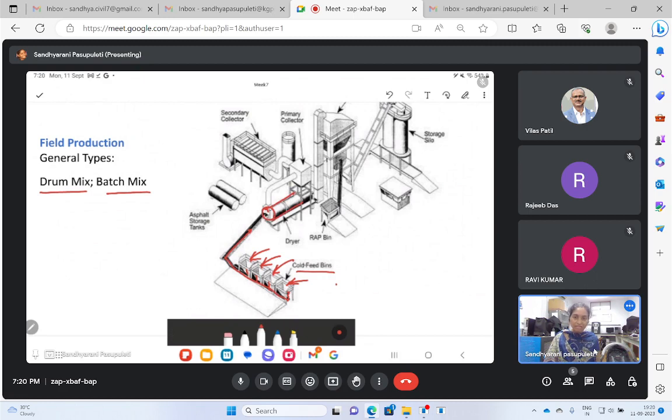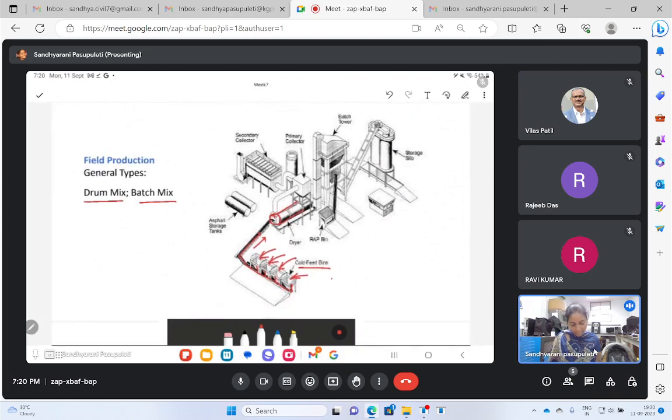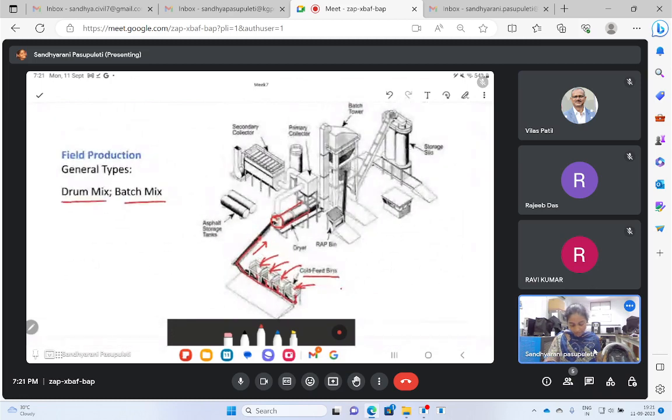What does this drum do? In the drum, whatever aggregates are coming from these bins will be dried. That means there must be some existing moisture inside the aggregate. We do not know the past history, so we will be drying those aggregates.